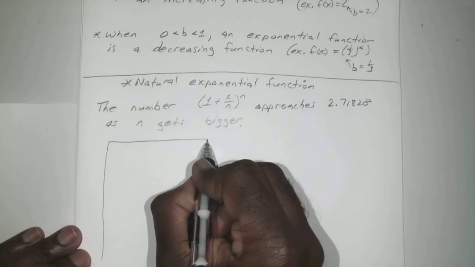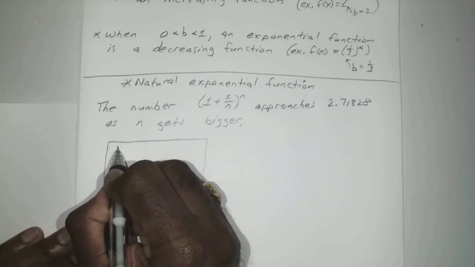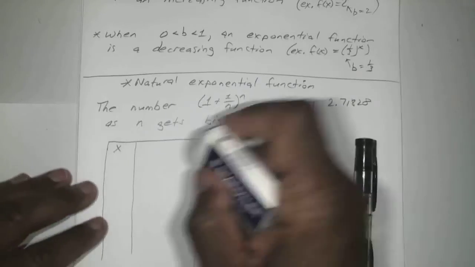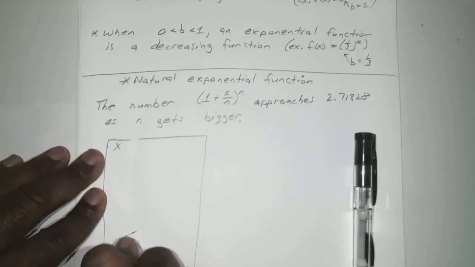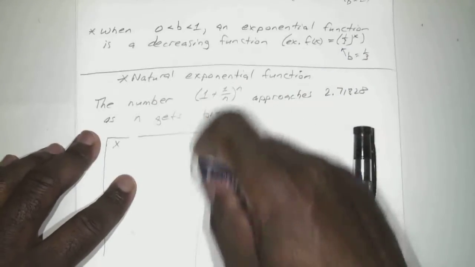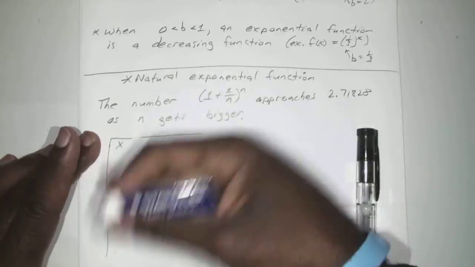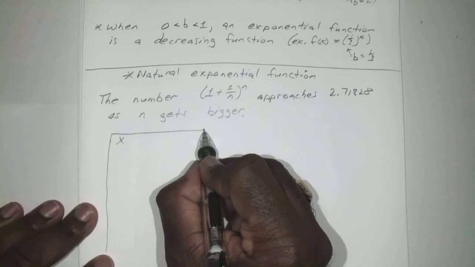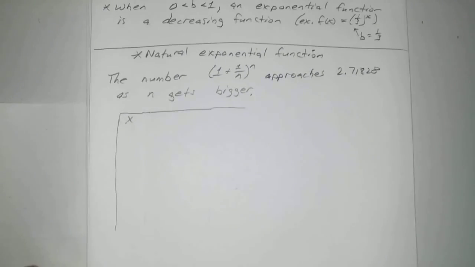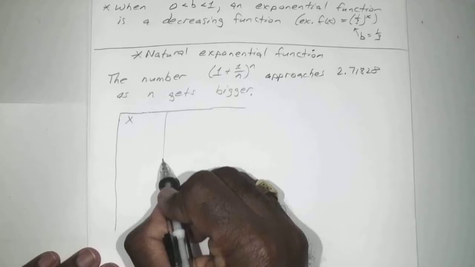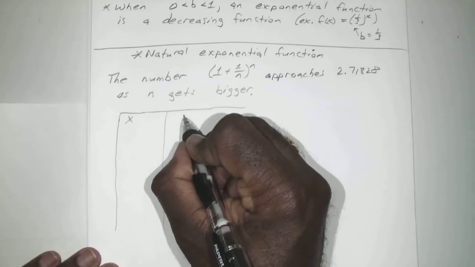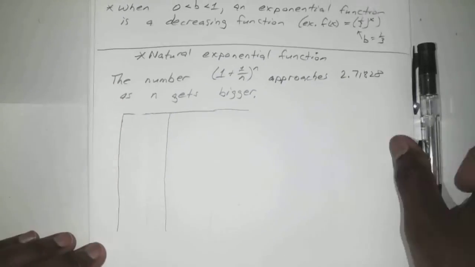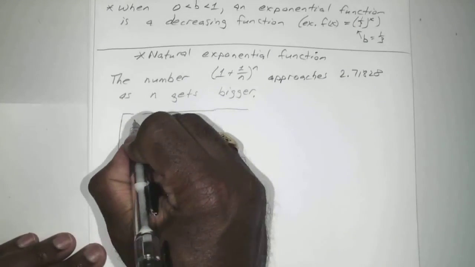Okay, so let's say if we decide to have this column as our x and this, make that a little bit bigger. And I'll make this bigger also, since some of those values are going to grow pretty quick. And let's say, well, instead of x, forgot I used n this time, so we'll make that n.